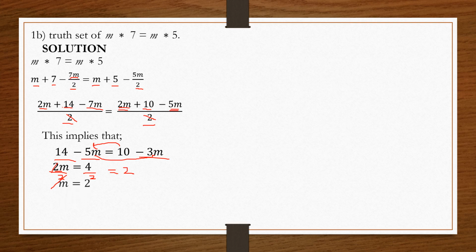So we have m to be 2, and the truth set is a singleton set containing one element, and that element is 2. So try it out and drop your comments if you have any question. Thank you very much.